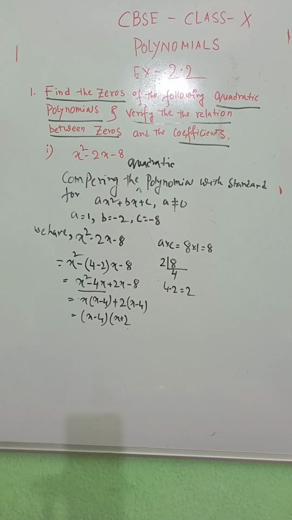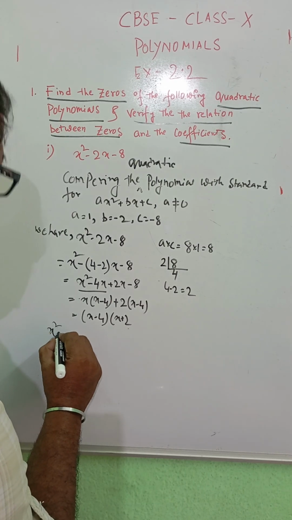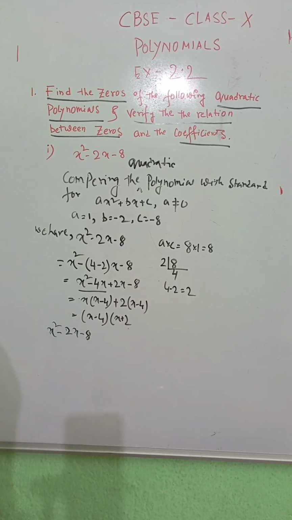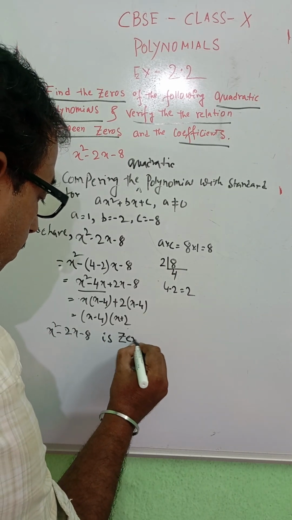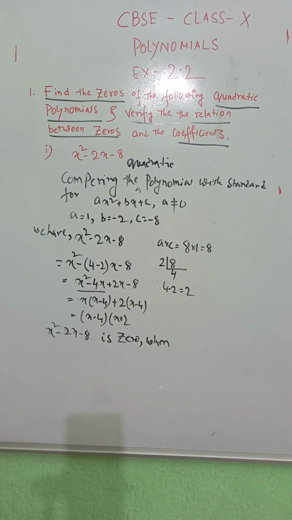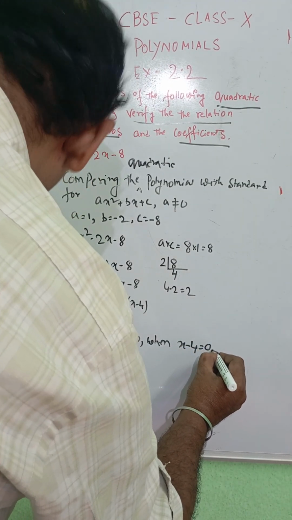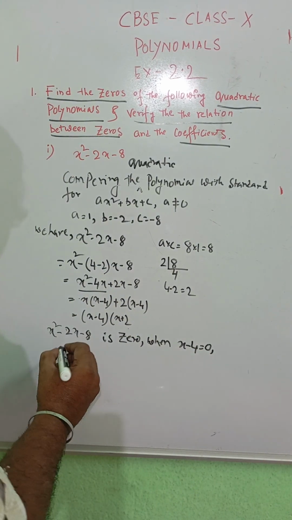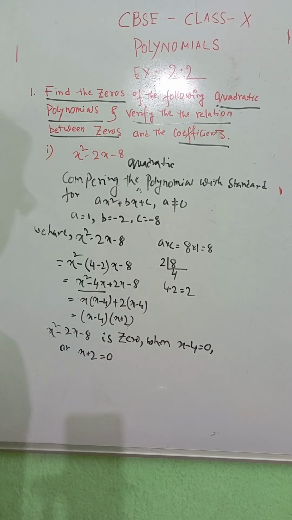After doing that, you have to write that x square minus 2x minus 8 is 0 when x minus 4 is equal to 0, or x plus 2 is equal to 0.